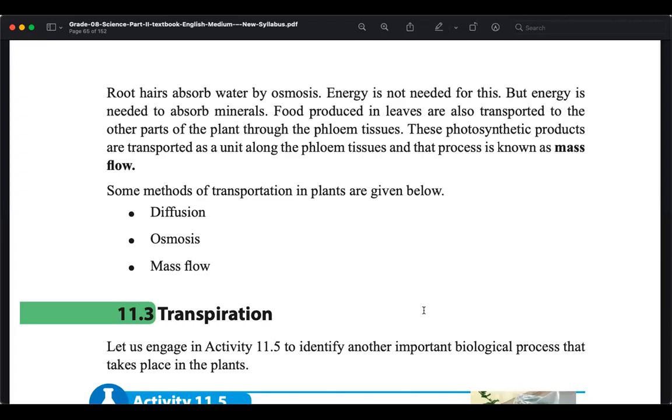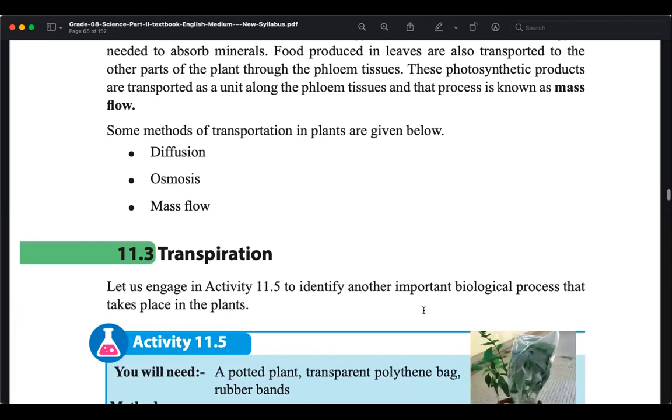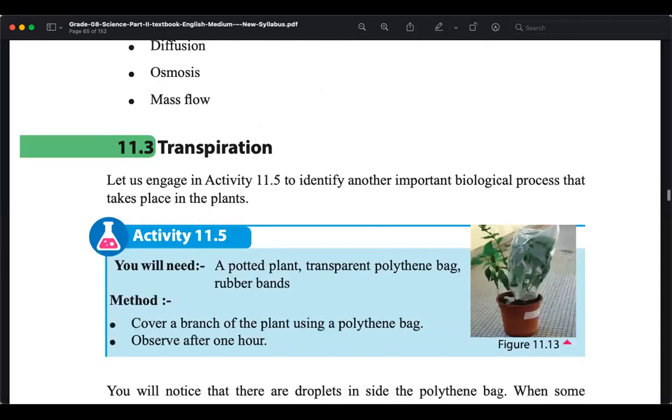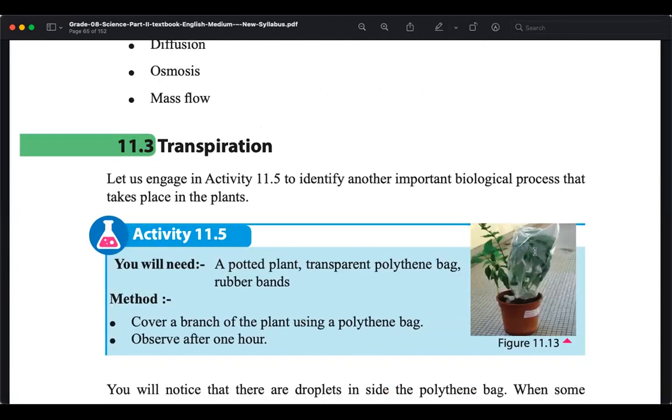Okay, again the transpiration thing. Transpiration we have already discussed, but again it's mentioned here. Actually there's a practical on transpiration. I'm not sure whether I did this practical in a previous grade or with you. Did we discuss this previously? Covering leaves with a polythene bag and keeping it in the sunlight for a few hours, then the water can be collected.